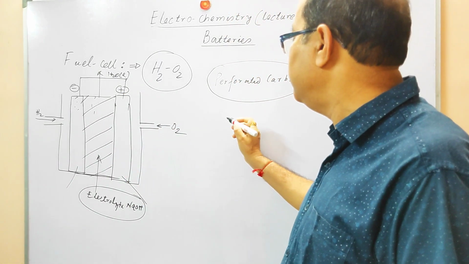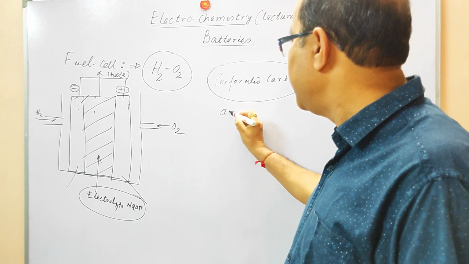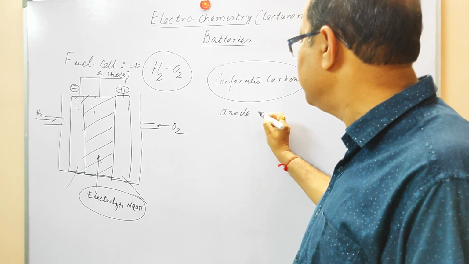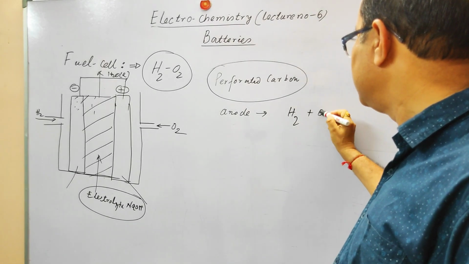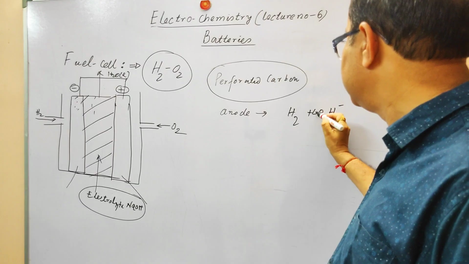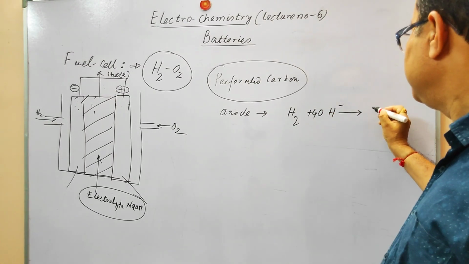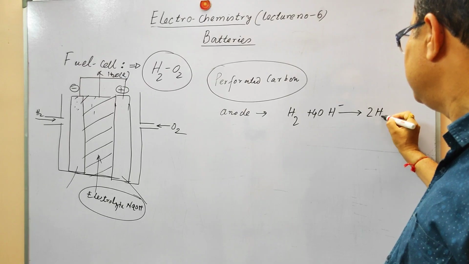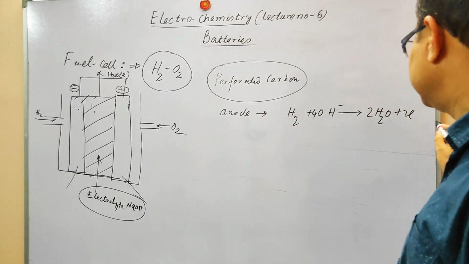And what is the reaction going on, let us understand. In the anode, this reaction is going on. This is hydrogen plus OH minus. This is going to produce 2H2O plus electron. This is the anode reaction.